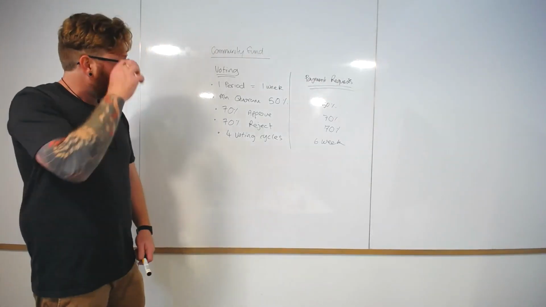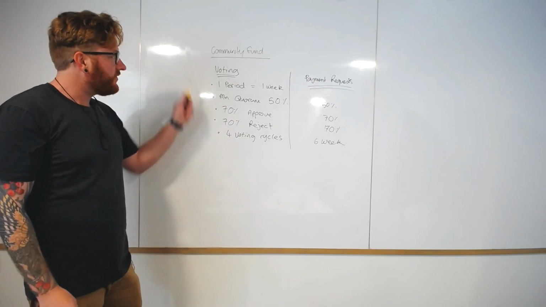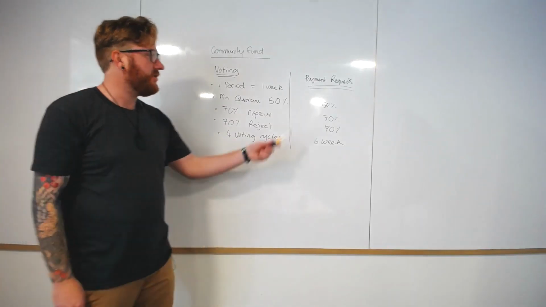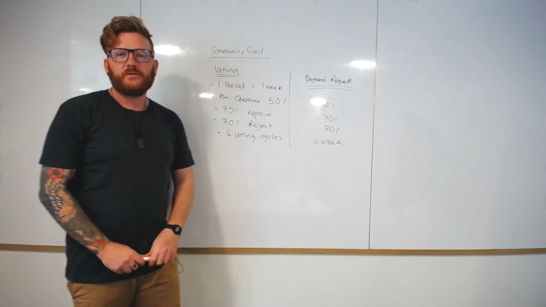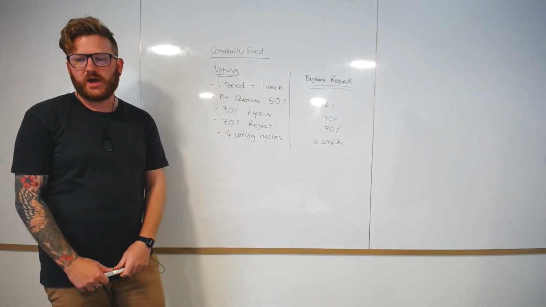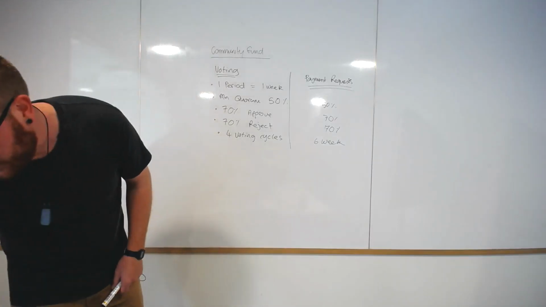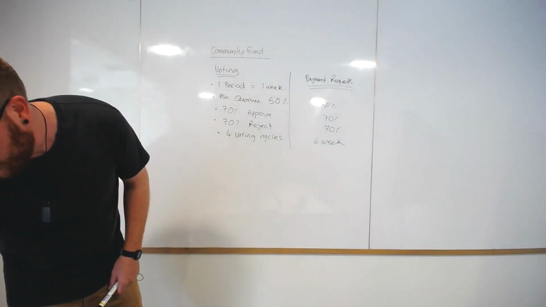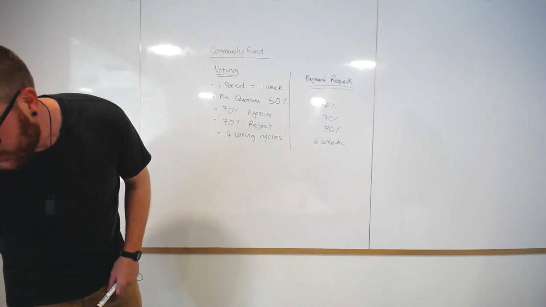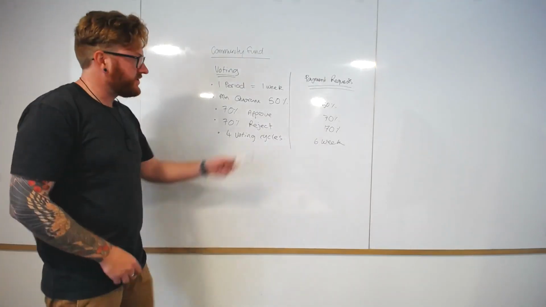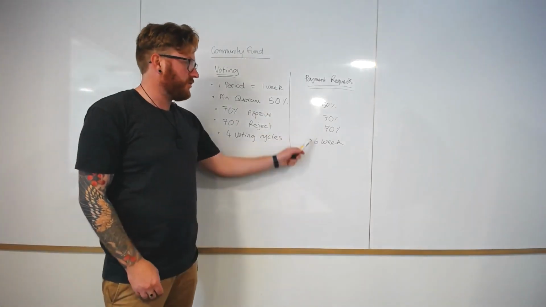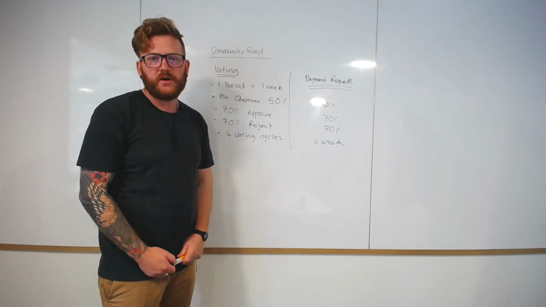So 1 month to get your funding approved and a month and a half for payment requests to be made. I guess the voting's the same, but we're just being a little bit more lenient on the time frame.